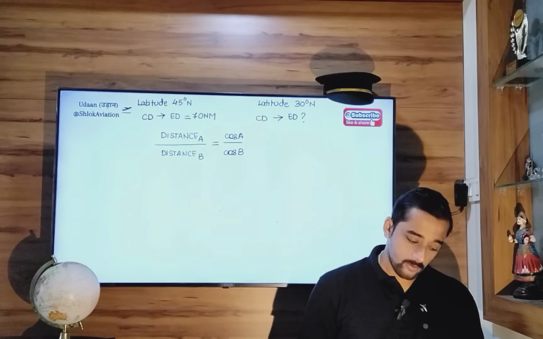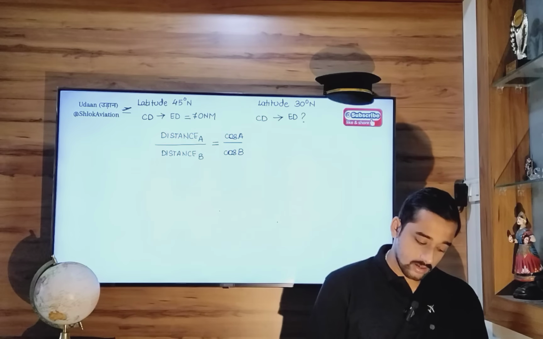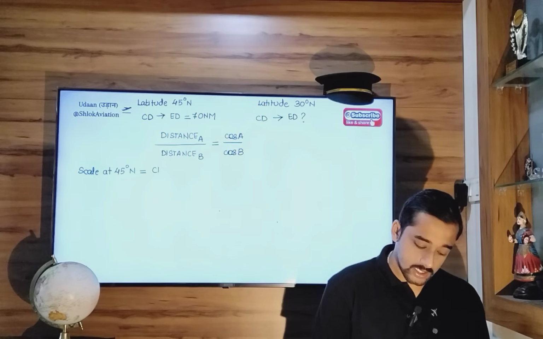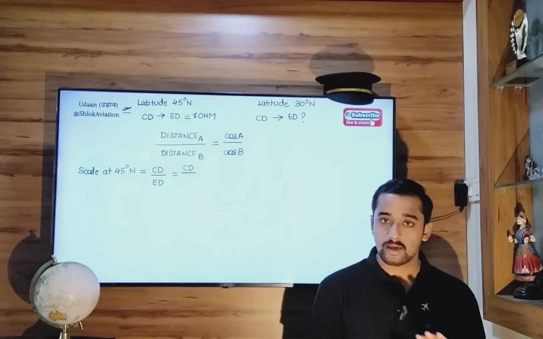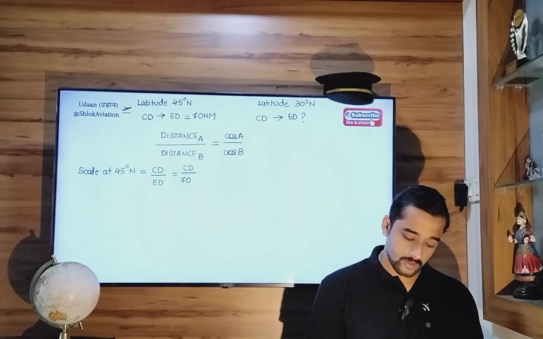Now there is latitude 45° north. So scale for this particular latitude, that is scale at 45° north, will be equal to chart distance upon earth distance, right? Chart distance, let's say, is x. Earth distance is 70 nautical mile.